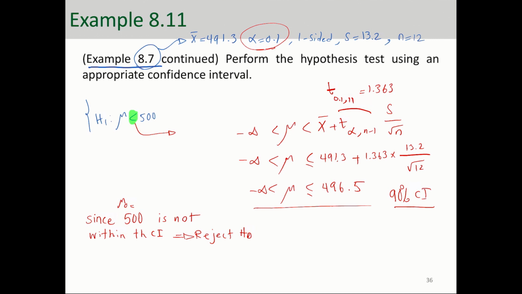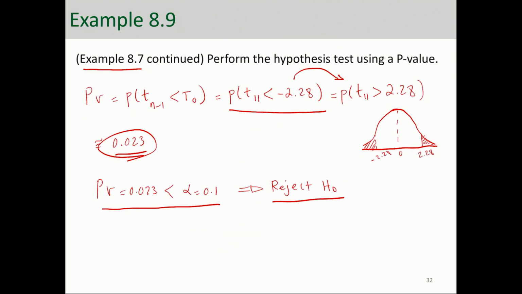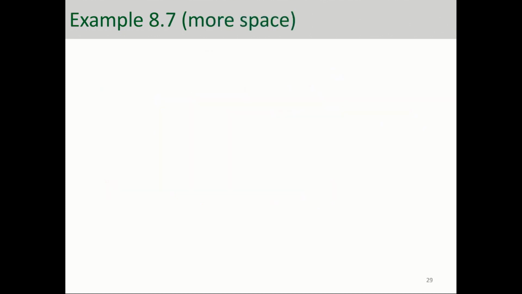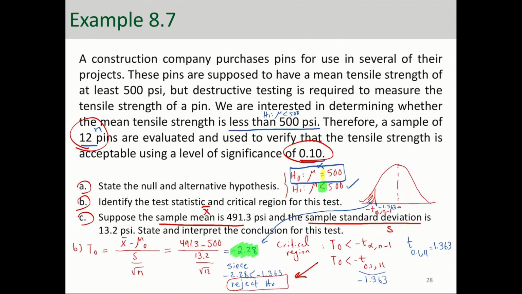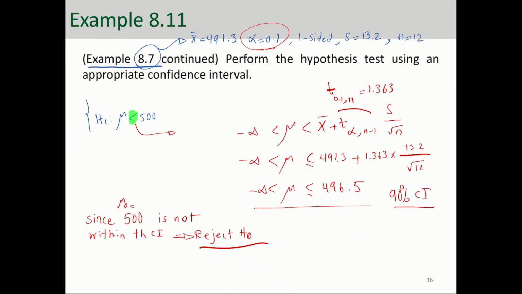So that is the same decision that we ended up with using the p-value method and also using the critical region method. So they all give you the same conclusion. But I like the confidence interval better than the others.